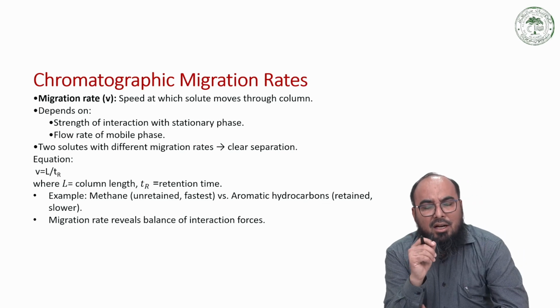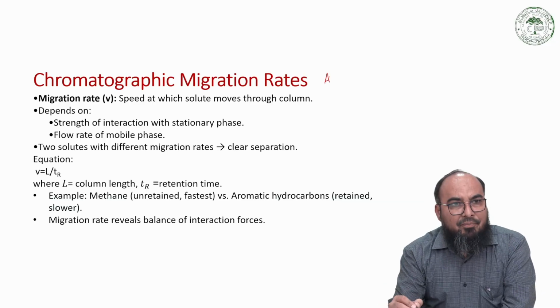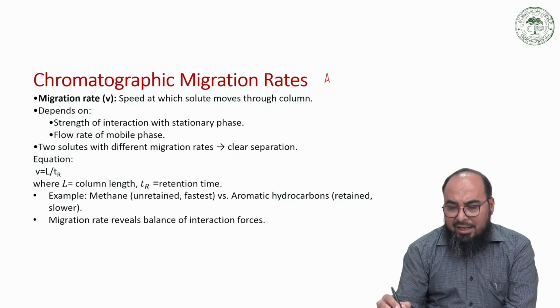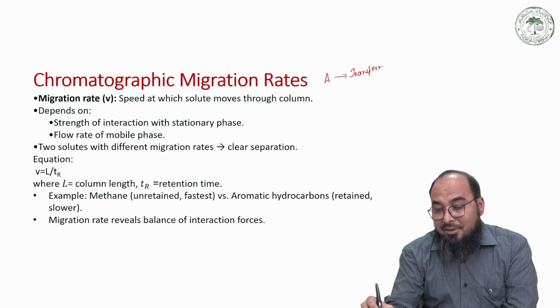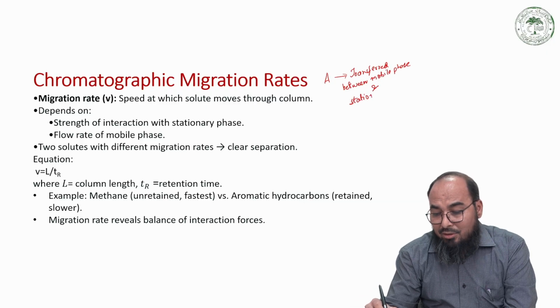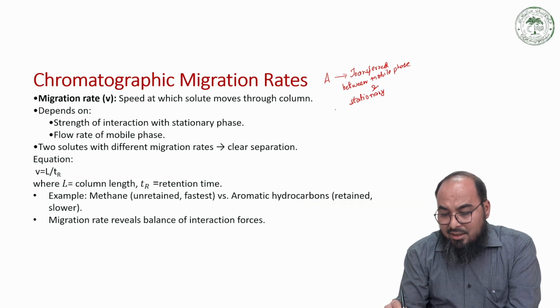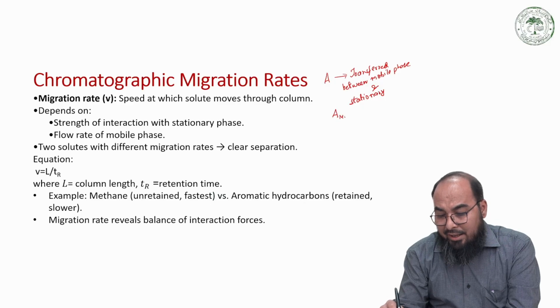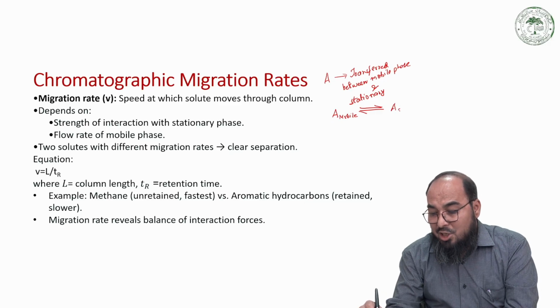Let us suppose a solute A. Now this solute A, when added in the column, gets transferred between the mobile phase and stationary phase. Now we can write in terms of its equilibrium constant, that is A in the mobile phase equilibrated with the A in the stationary phase.